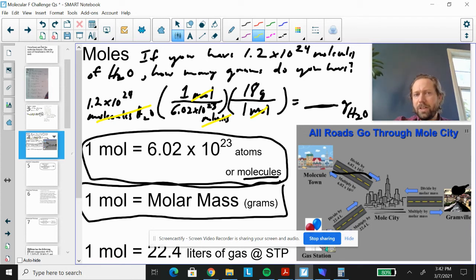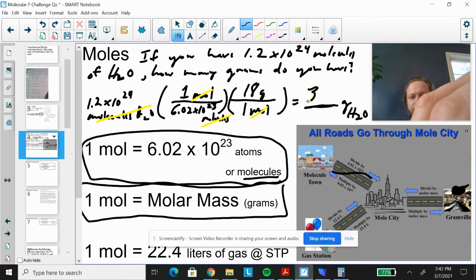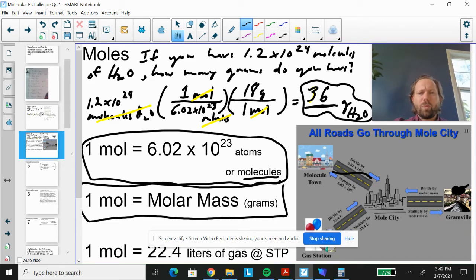If you plug it into your calculator, you'll see that it's going to be 2. And 2 times 18 is 36. Okay, and that's how many grams of water is in 1.2 times 10 to the 24th molecules of water.